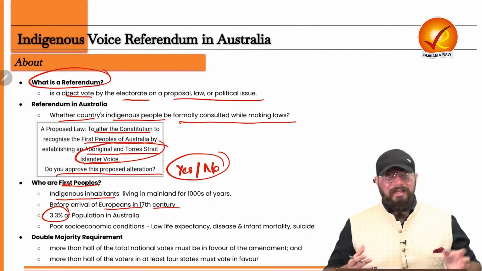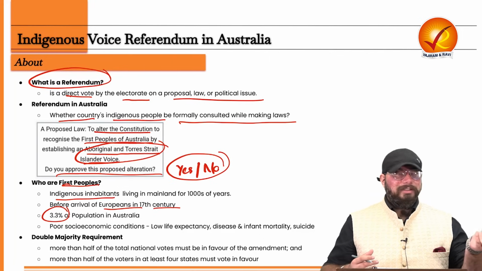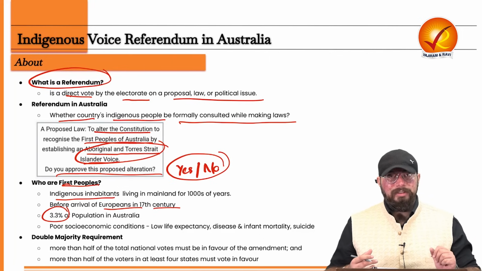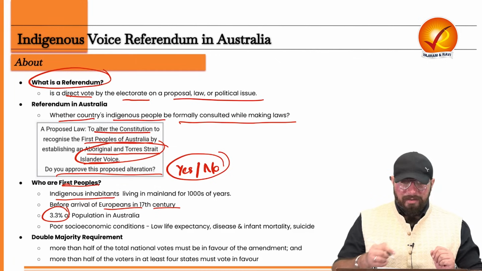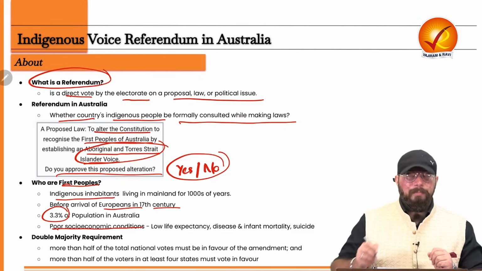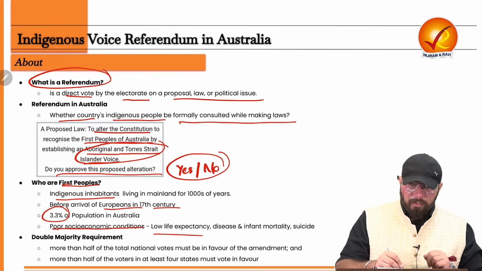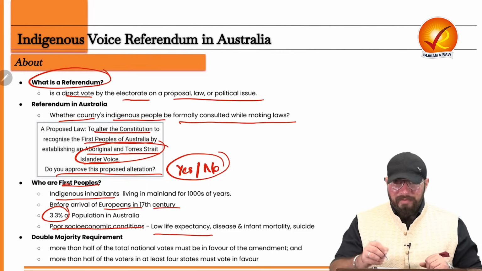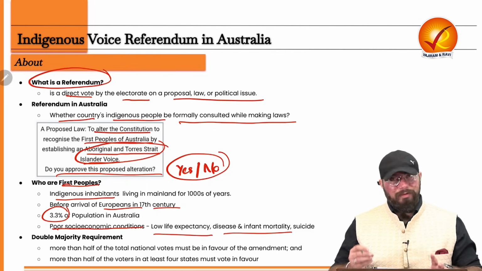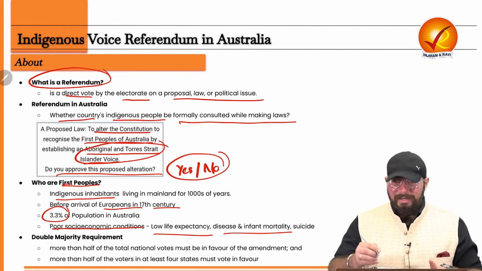And there are some common traits for the indigenous people, especially in Australia. One thing is that the majority of them have poor socioeconomic conditions. There is lower life expectancy for them as well. Disease and infant mortality are also very high.